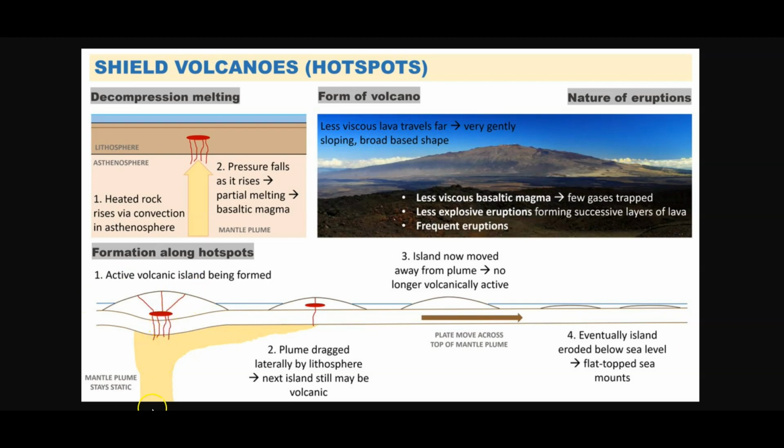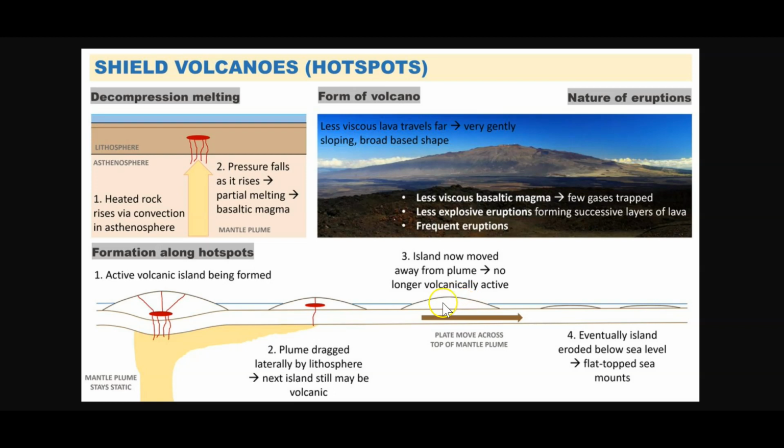Then over time the plume stays static, but the plate moves away, and this island moves away from the active hotspot. You'll get a little bit of the plume dragged across as the plate moves, which means you might get a little bit of volcanic activity here, but you're getting erosion beginning to occur and the island becoming smaller. Again, as the plate is moved further away, this island is moved away from the influence of the plume entirely, and you get no more active volcanism.